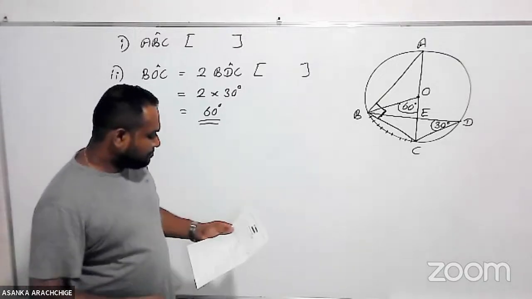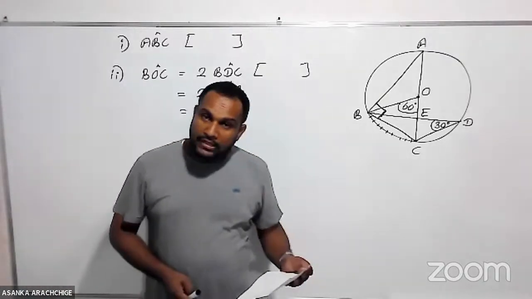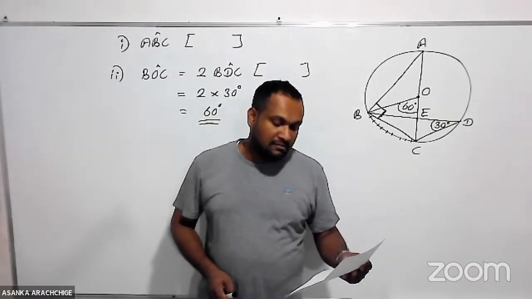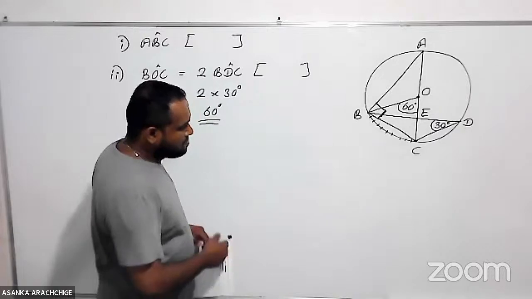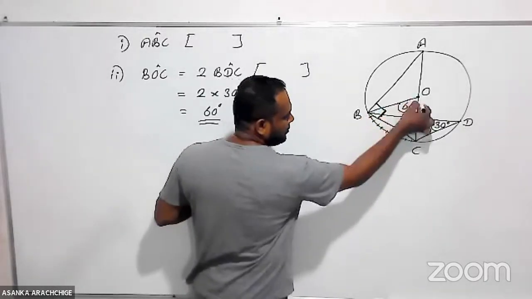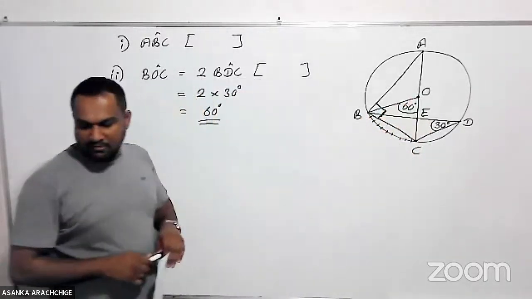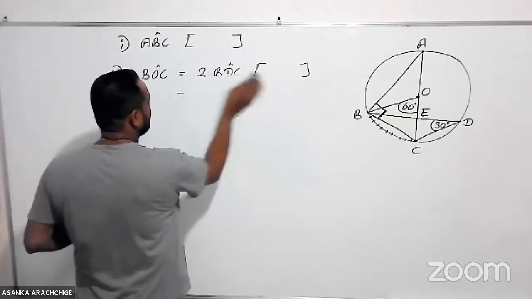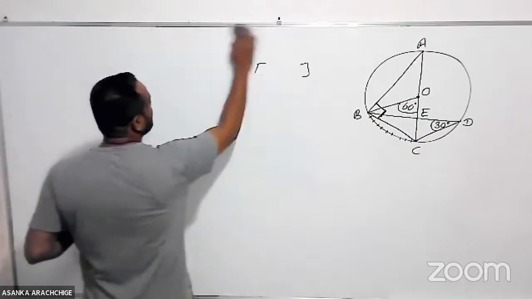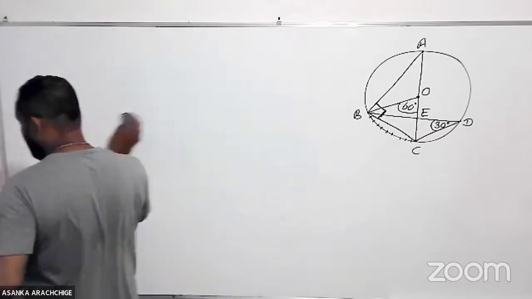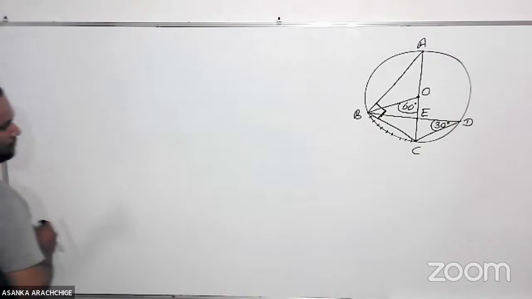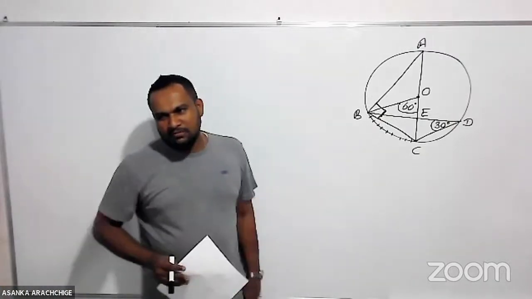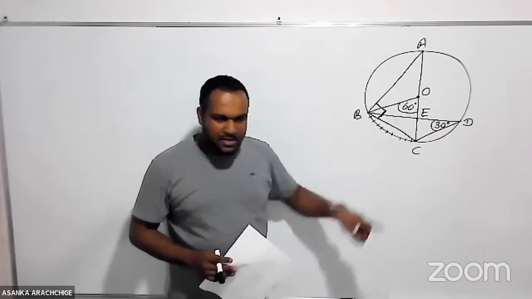So that is part B. Show that BOC is an equilateral triangle. Okay, let's see. There are two equal sides in the triangle BOC.